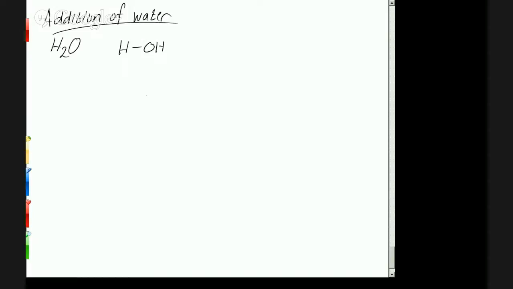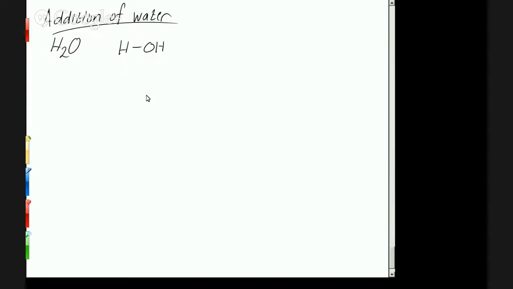You did stuff in general chemistry where you thought of water as an acid that can give up a hydrogen, or a base that can take a hydrogen. The problem with water is it's not acidic enough to be attacked by a double bond. A double bond is not a very strong base or nucleophile, so it doesn't want to grab that hydrogen from the water, which makes our reaction a little more complicated.